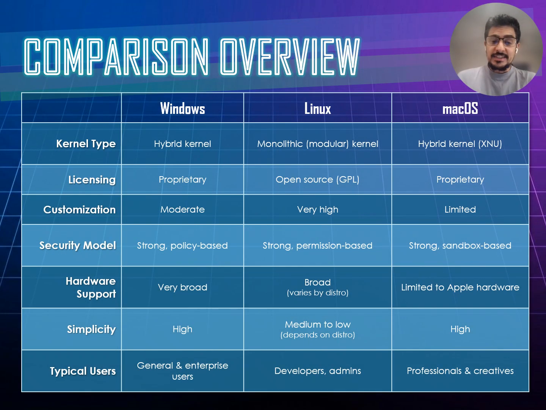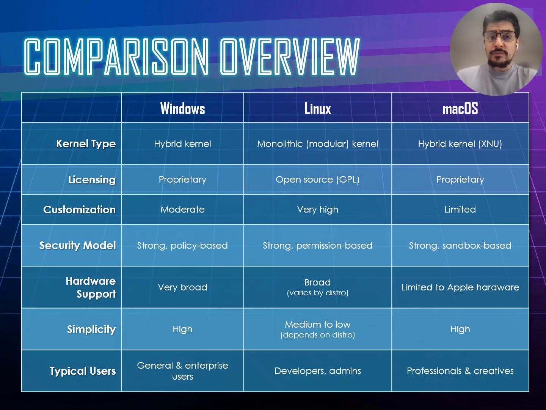As we can see in this table, at a high level, Windows and macOS use hybrid kernels and focus on usability, while Linux uses a modular monolithic kernel optimized for flexibility and performance. Windows and Mac are proprietary, whereas Linux is open source, which enables much higher customization.